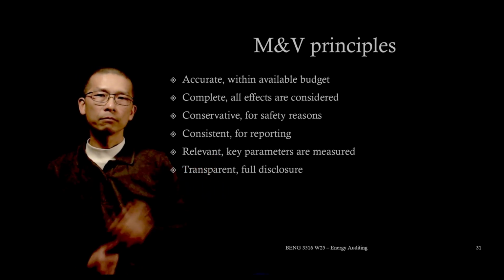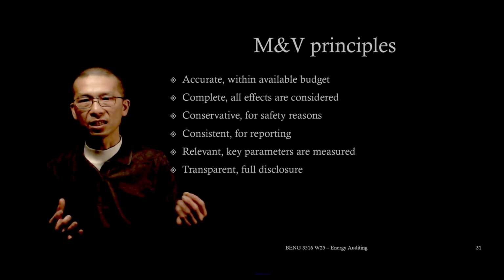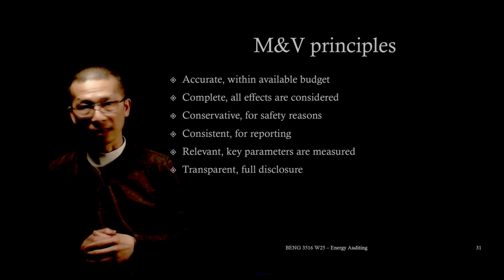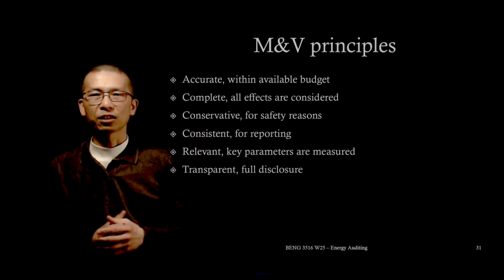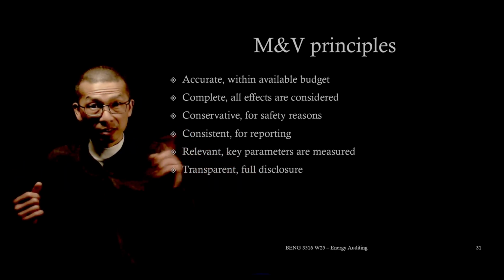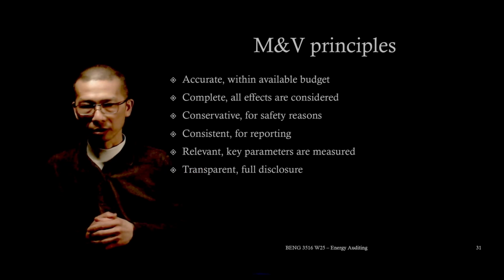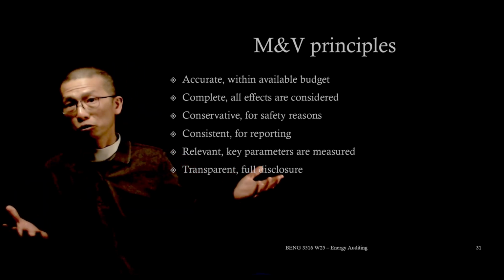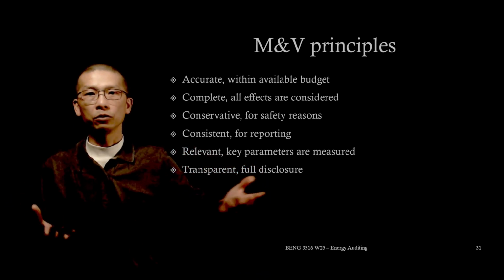Relevant. The focus should be on measuring key parameters that directly influence energy consumption and savings, rather than collecting extra data that does not affect the outcome. So relevancy is important. Finally, transparent. For disclosures of the measurement methods, we have to let people know how we do the measurement.